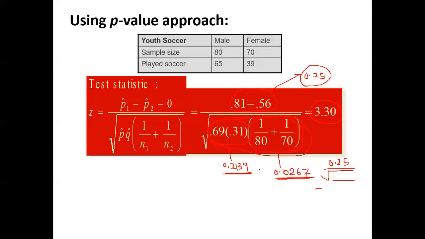And then when you times these both values, you get the answer. And then you square root the answer. After you square root the answer, the final step is you get the above value, that is 0.25, divided by the square root answer. So we'll get 3.30.